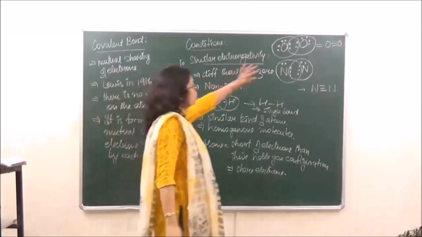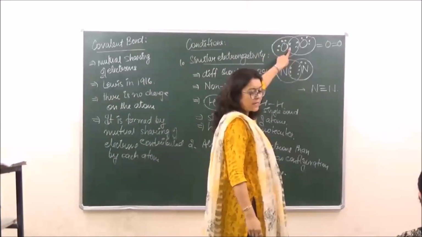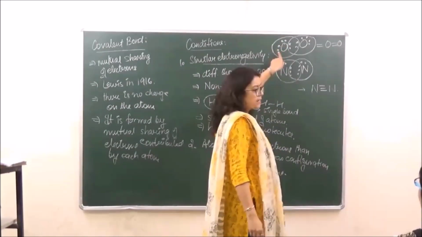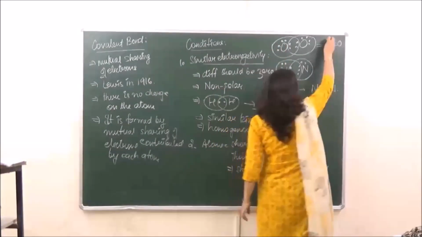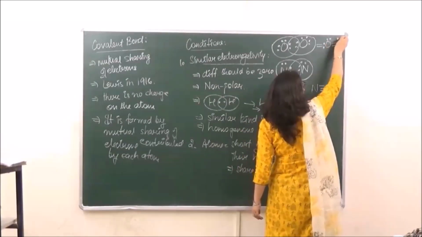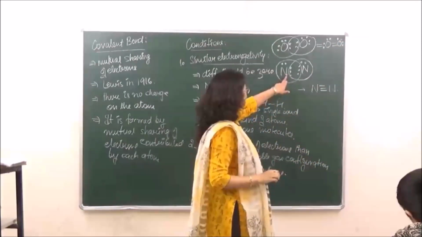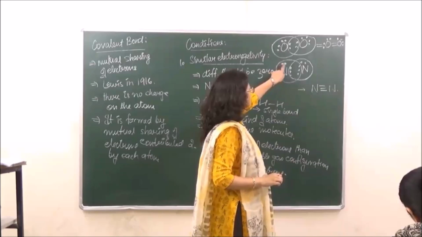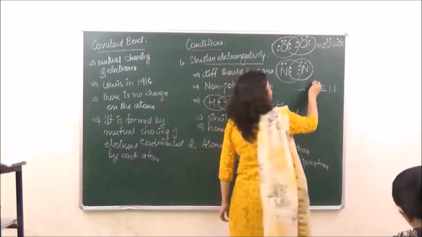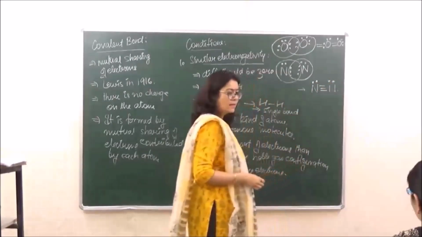Now in the case of oxygen, you can see that these 2 electron pairs are participating in bonding, but the other pairs are not participating in bonding. The ones which are not participating in bonding can be represented by dots. Similarly, in nitrogen, these 2 electrons are not participating in bonding, so they can also be represented by dots.